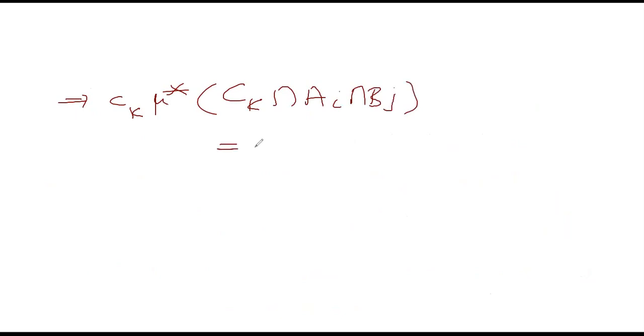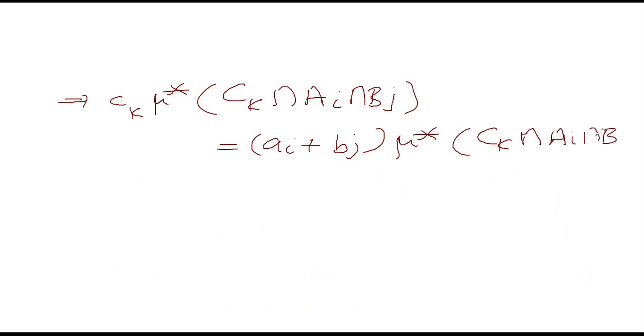This implies that ck times mu star of the set Ck intersection Ai intersection Bj is equal to (ai plus bj) times mu star of Ck intersection Ai intersection Bj.